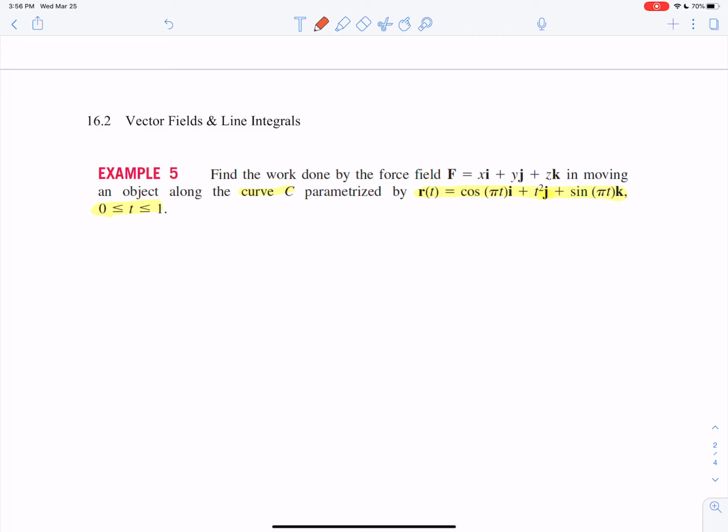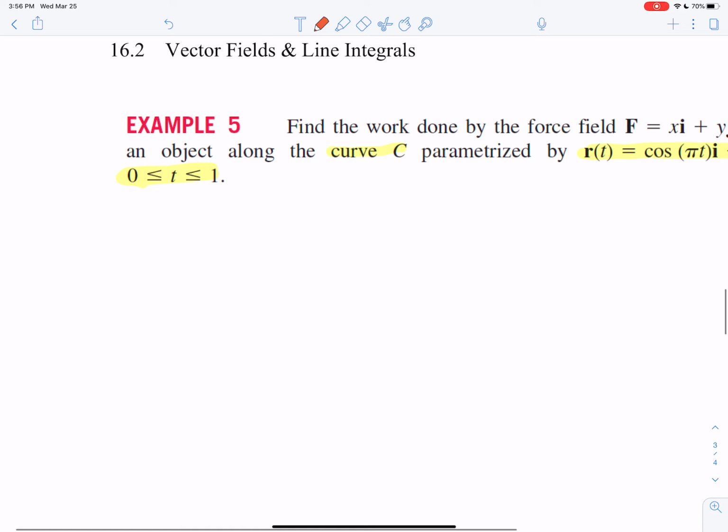So let's start by writing, I always just start by rewriting the force field, so the vector field, in terms of t.